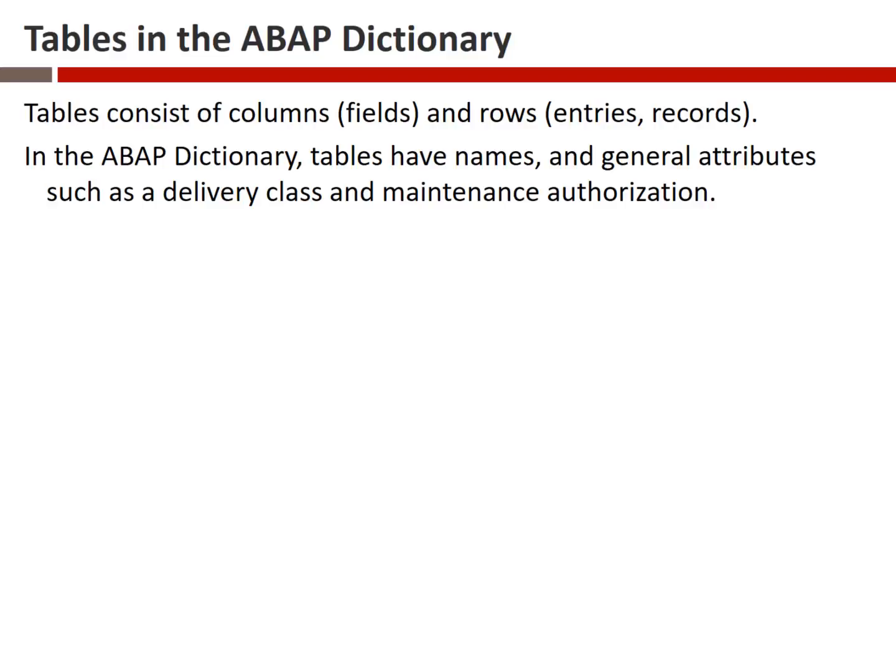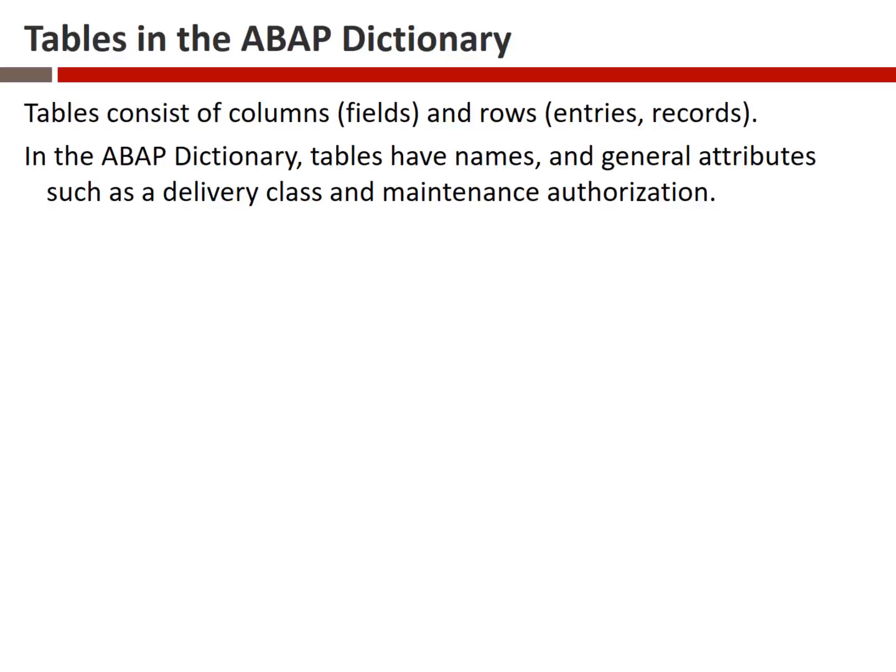A delivery class controls how a table is transported from one system to the other, and describes in a general way the kind of information that is stored in a table. For example, we have some database tables that are largely storing master data. We have other database tables that are largely storing transaction data.